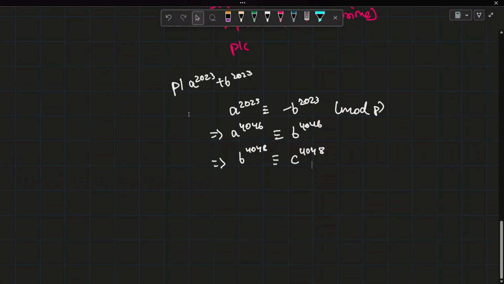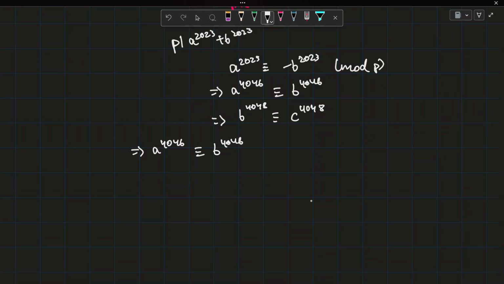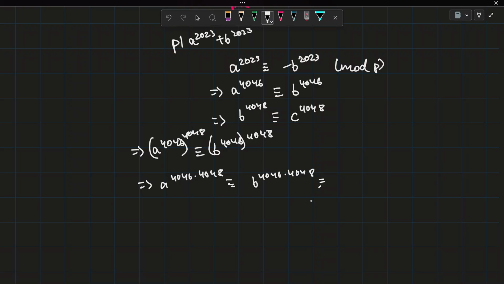Okay, now we will use the first step here to draw some conclusions. From the first step, we can raise both of them to 4048, and we can say that A to the power 4046 times 4048 is congruent to B to the power 4046 times 4048, which is of course congruent to C to the power 4046 times 4048.